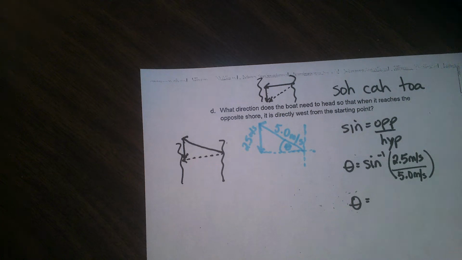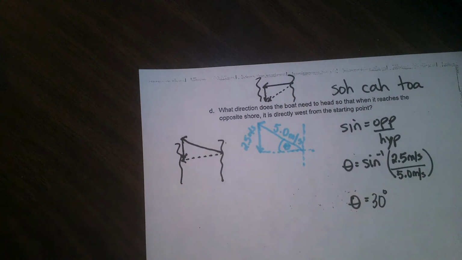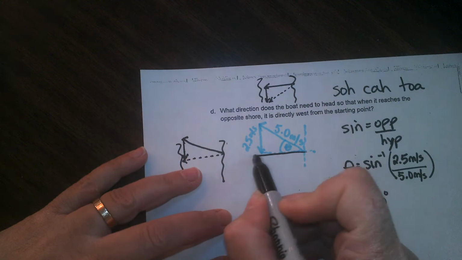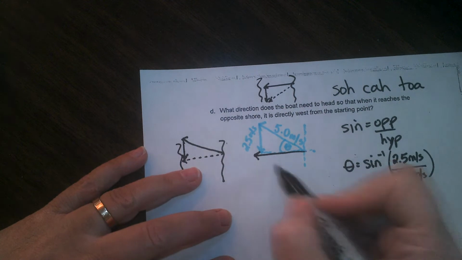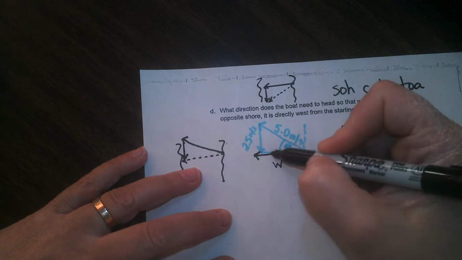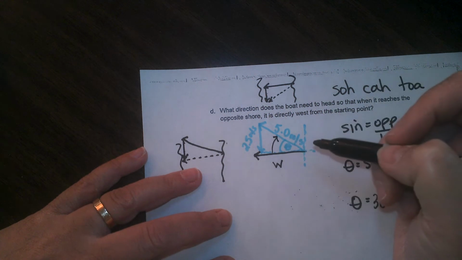What do we get for a value? 30 degrees. 30 degrees tells us nothing. We need a direction. So when I look at this angle, my main axis is west. And in order to get to this hypotenuse line, I go in which direction?